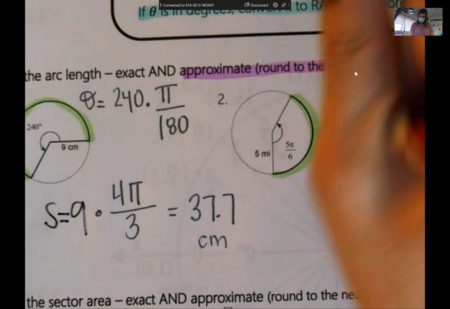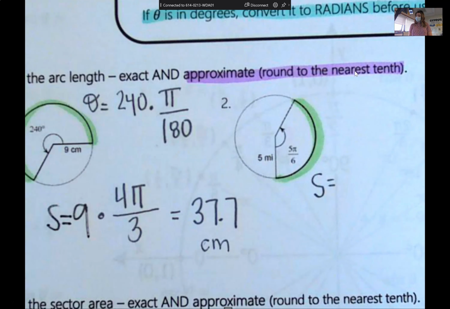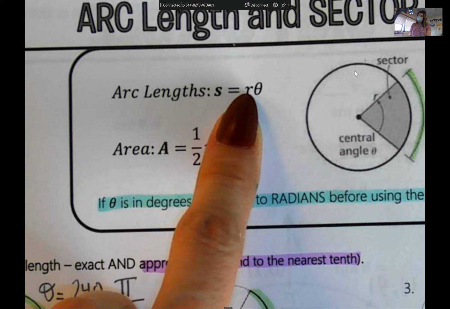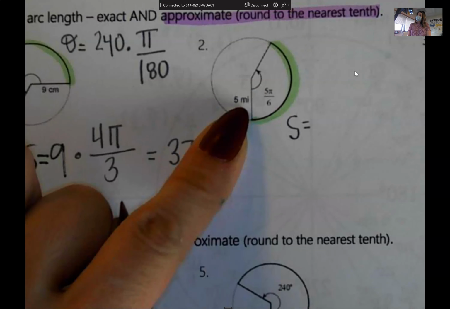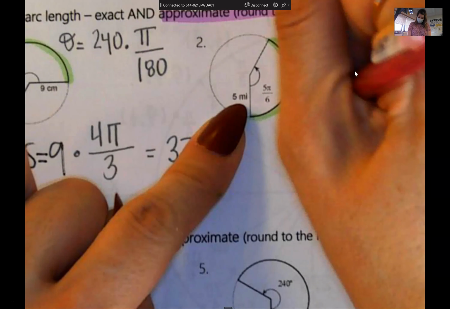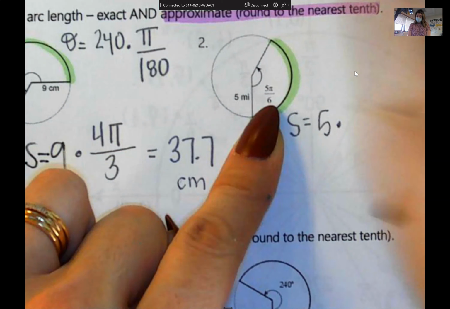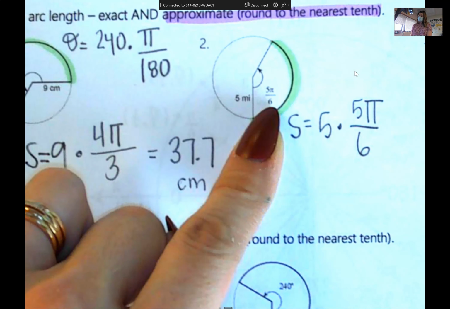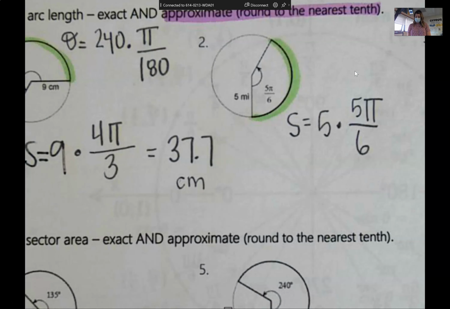So S is going to be our radius. Where am I getting that? This formula right here. S is radius. So that's this measurement that they give me on my circle, 5, times my angle measure, and we're already in radians, so we don't have to convert anything. 5 times 5 pi over 6.